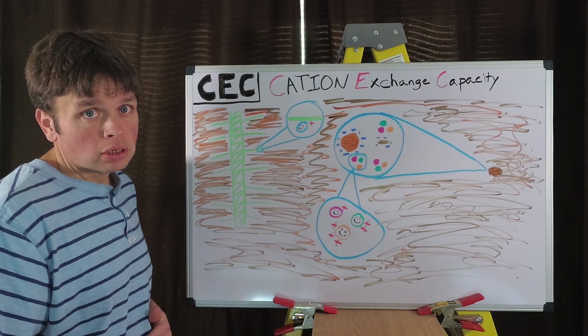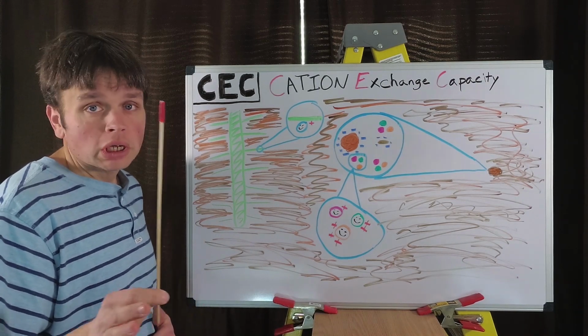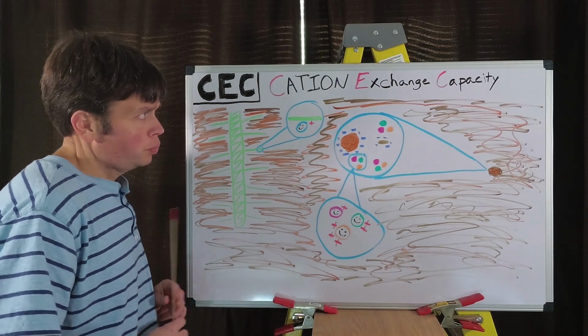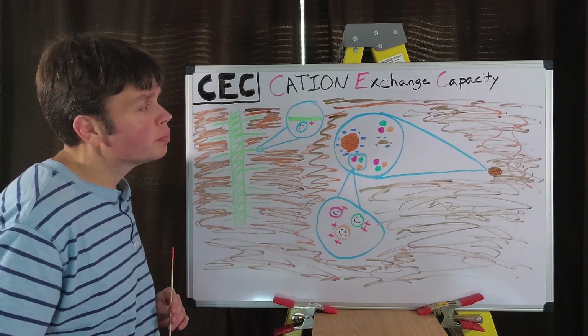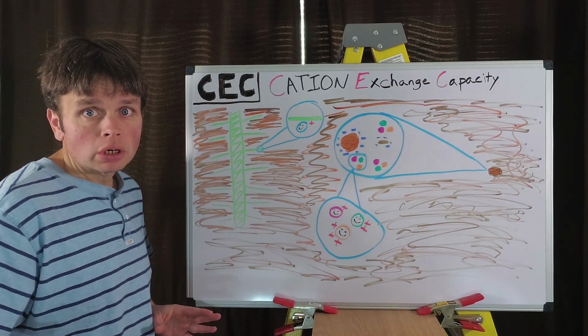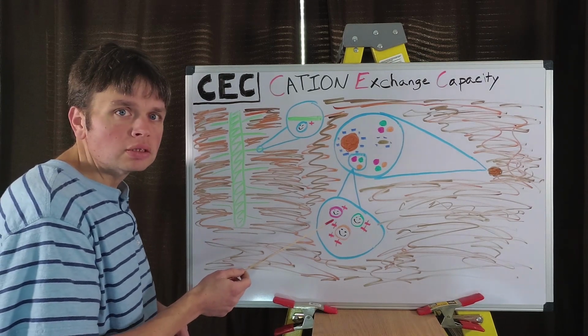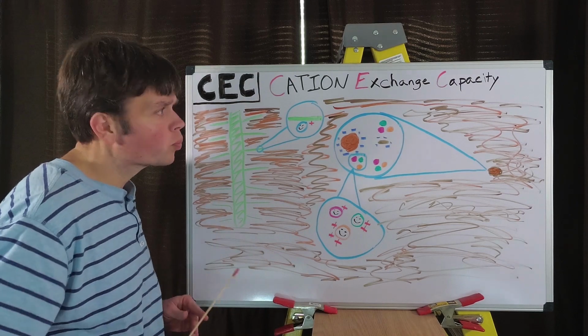Now the cation, which I can't promise you I'm pronouncing it correctly, but that's how it's spelled, we've discussed already, or we started to, and that's these little happy guys, these nutritious little chemicals.